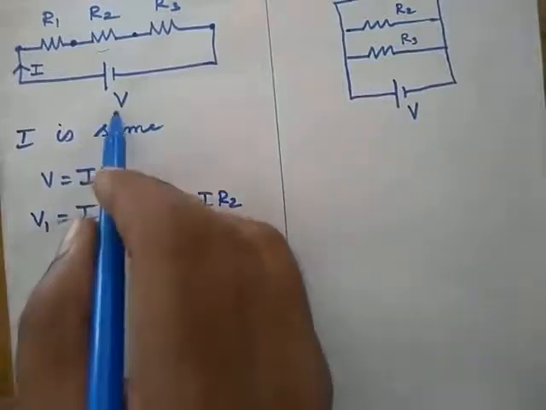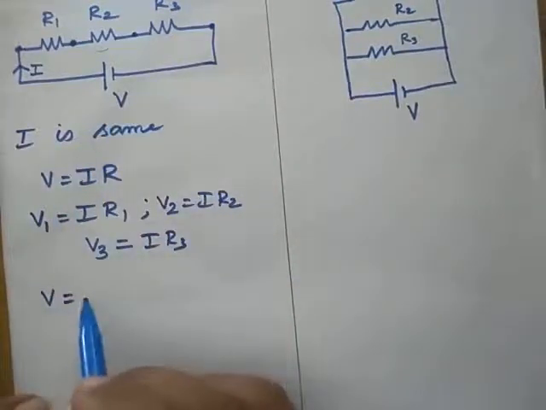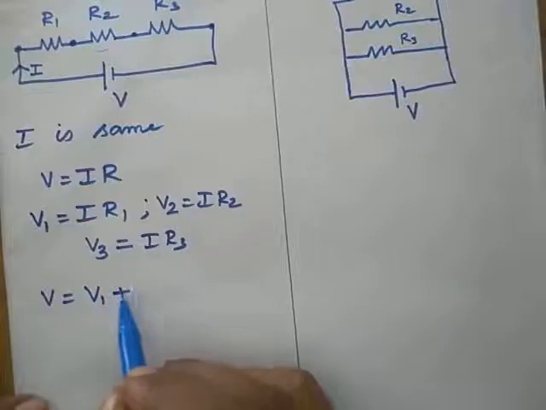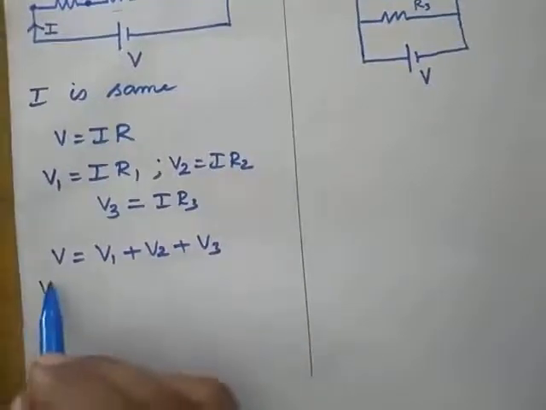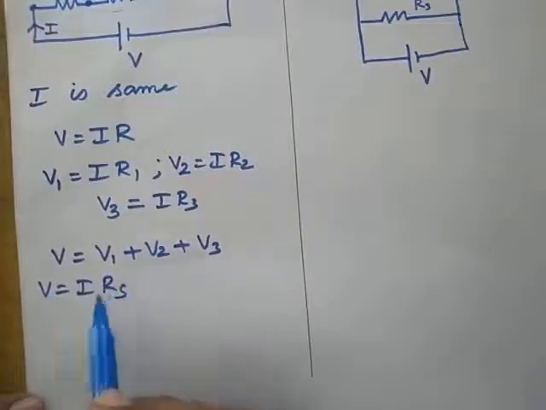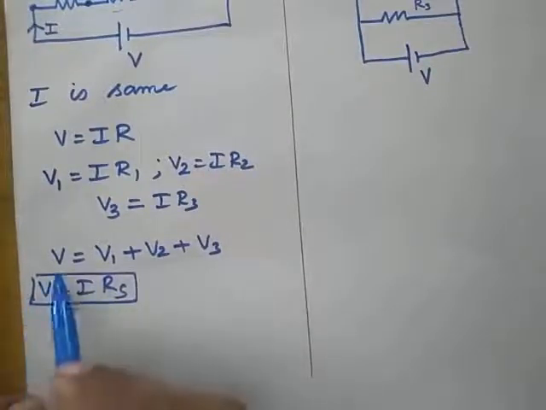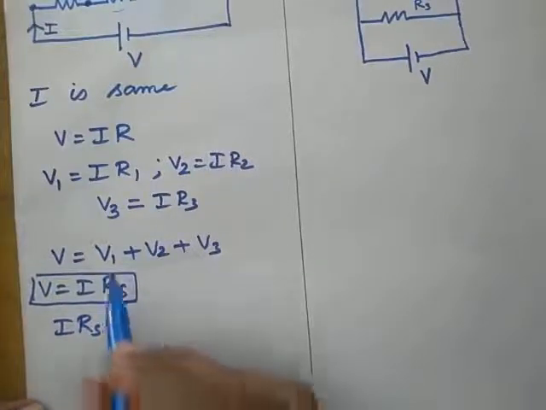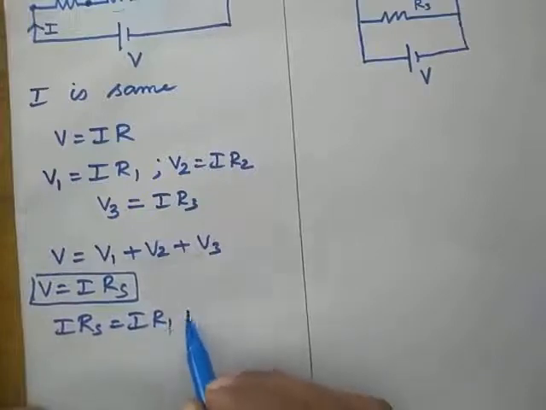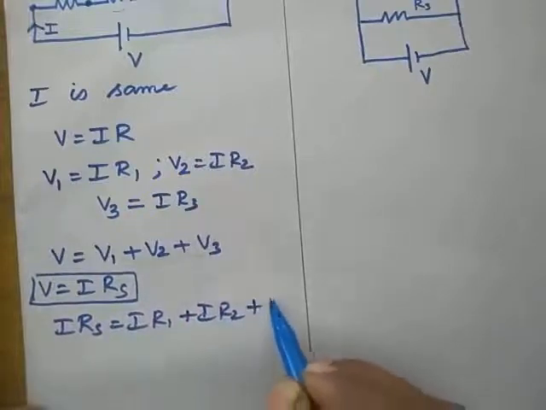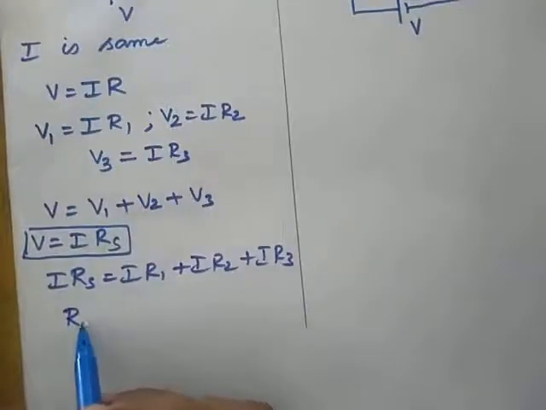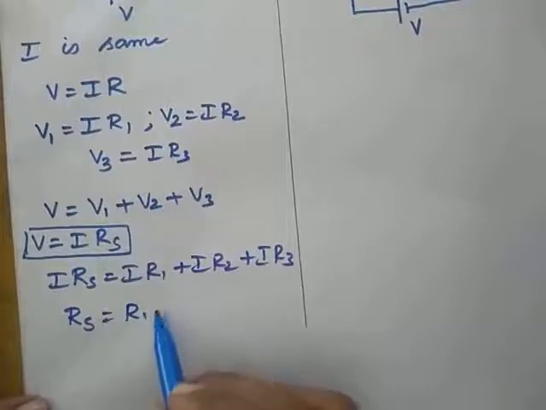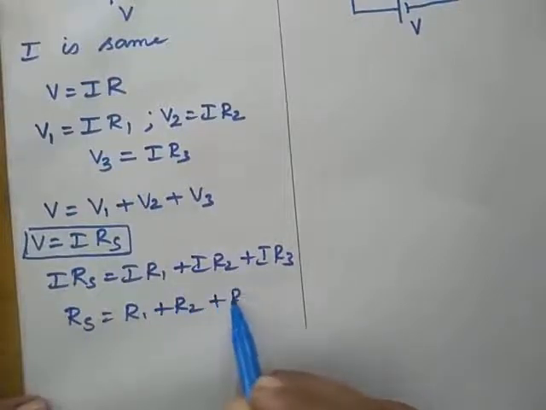The applied potential difference is equal to the sum of the potential drops across R1, R2 and R3. We know V is equal to I RS, where RS is the effective resistance. Substituting in the above equation, V becomes I RS, that is equal to I R1 plus I R2 plus I R3. Simplifying this, we get RS is equal to R1 plus R2 plus R3.